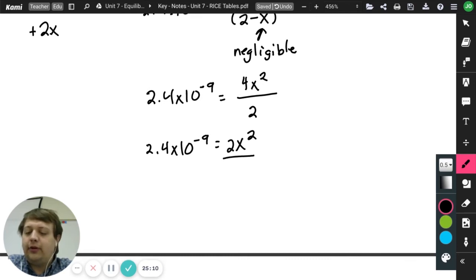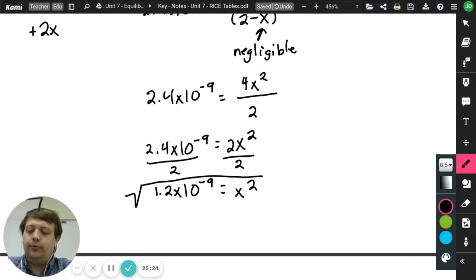Divide both sides by 2, and we're going to get 1.2 times 10 to the negative 9 gives me x squared. I'm going to square root both sides, and I'm going to find that I have 3.5 times 10 to the negative 5 for my x value. Okay?